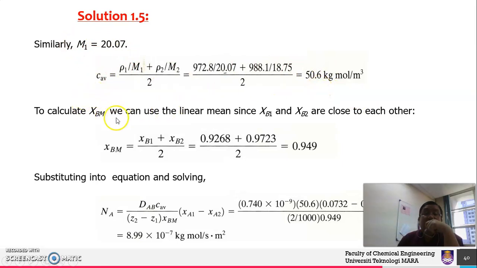Then you can compute x_BM, and the value is 0.95. Once you get it, you can easily get the value of N_A as 8.99 times 10 to the power of -7.